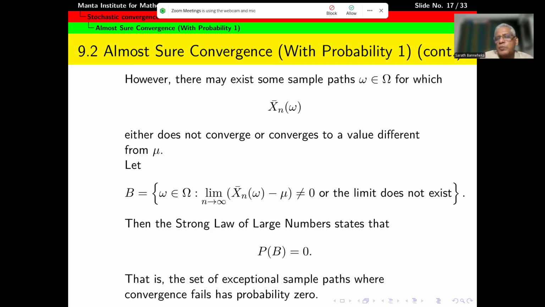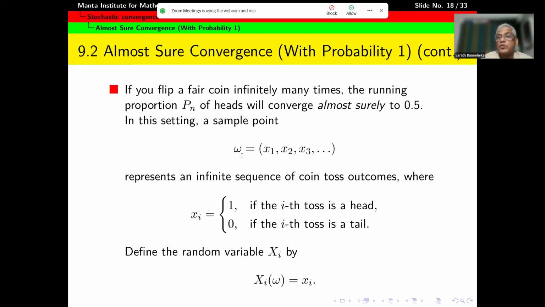There may be a few omegas out of millions or billions of possible omegas where xn bar omega doesn't converge to mu, but for all the others, the convergence occurs. Therefore, we can say xn bar converges to the population mean mu almost surely. That is one very useful result.